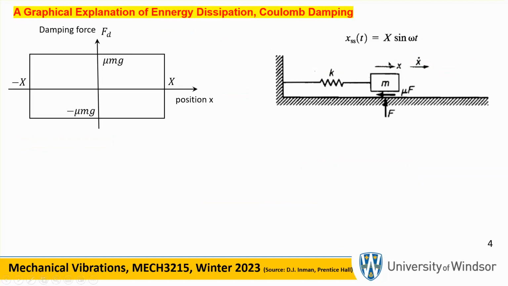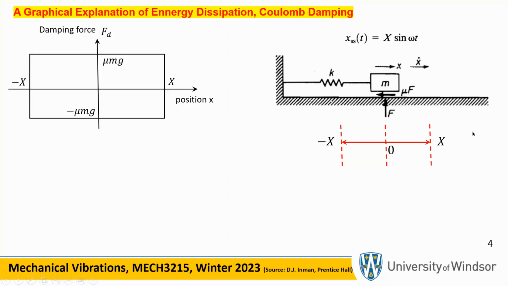Notice that if the block is moving with this motion, and let's say hypothetically it's going to the right, the friction points in the opposite direction. So in going from one extreme to the other extreme, from here, if the block moves to the right, it's going to traverse a distance of 2x with a constant friction of mu f.